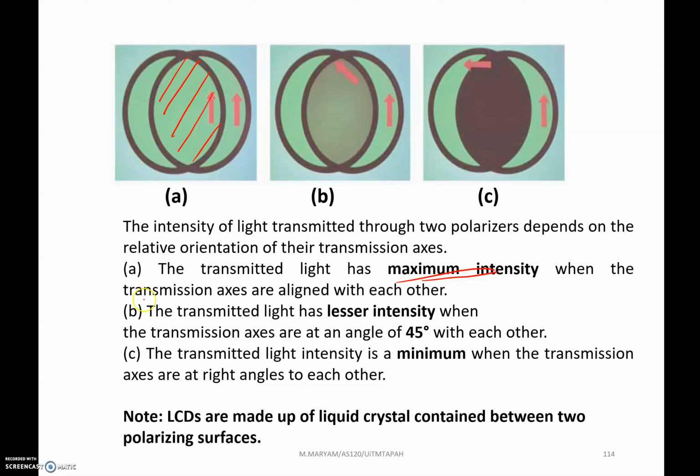Okay, let's look at B then. The transmitted light has a lesser intensity when the transmission axes are at an angle of 45 degrees with each other. Meaning, the first polarizer is at a certain angle, the second polarizer is vertical. So the angle between these two polarizers is 45 degrees.